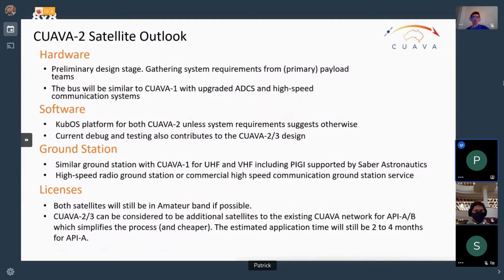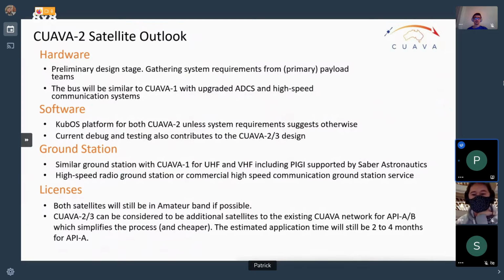The bus will be mostly the same parts as for the first one, just with some upgraded ADCS. Especially on CUAVA-1 we only had 1 reaction wheel, and now on CUAVA-2 we're going to have 3. And we're adding a high-speed comms, so an S-band transceiver on CUAVA-2 as well. The software should mainly stay the same, the Kubos platform.